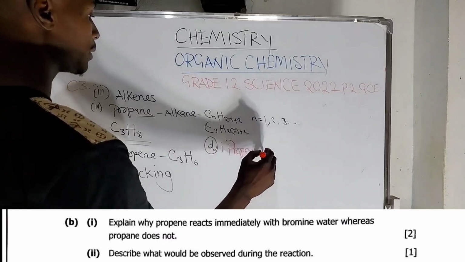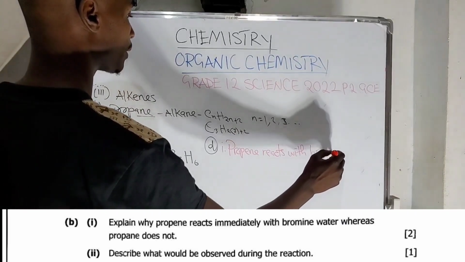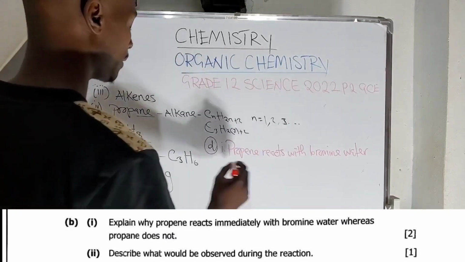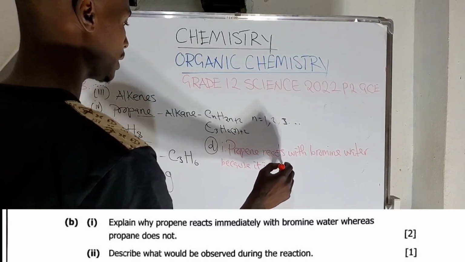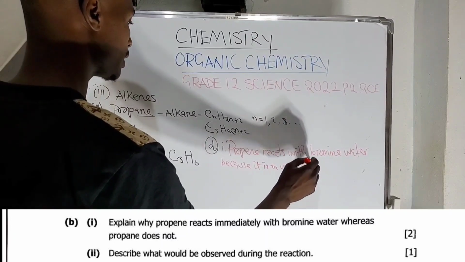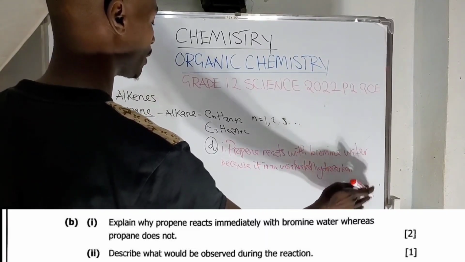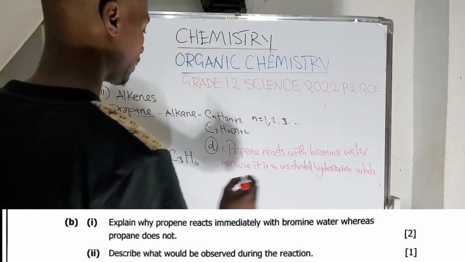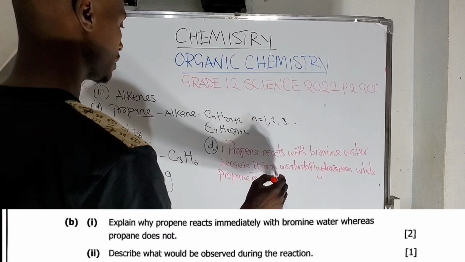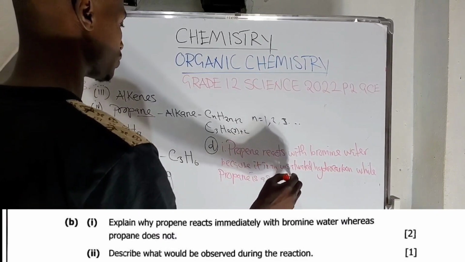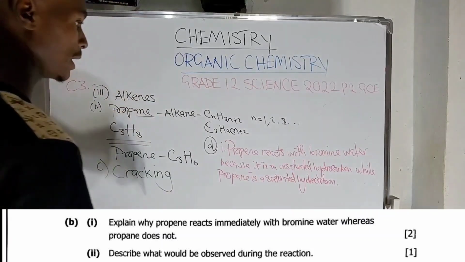Propene reacts with bromine water because it is an unsaturated hydrocarbon, while propane is a saturated hydrocarbon. That's the issue.